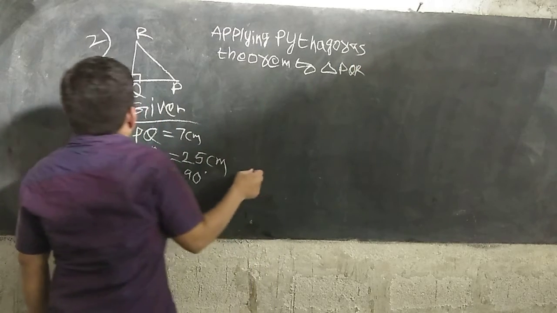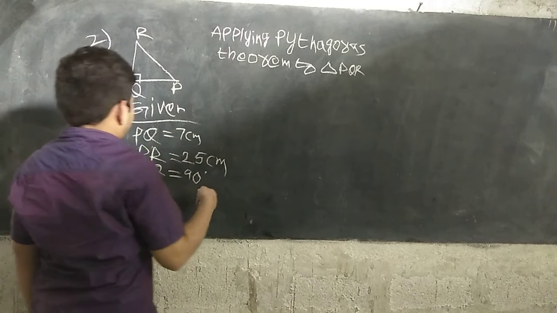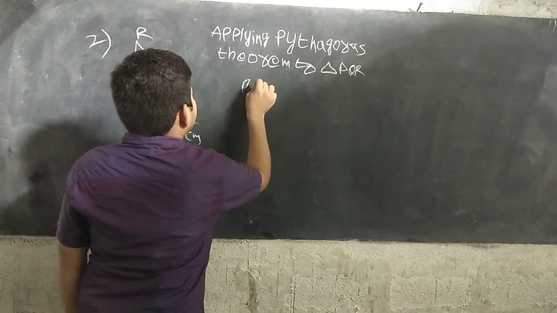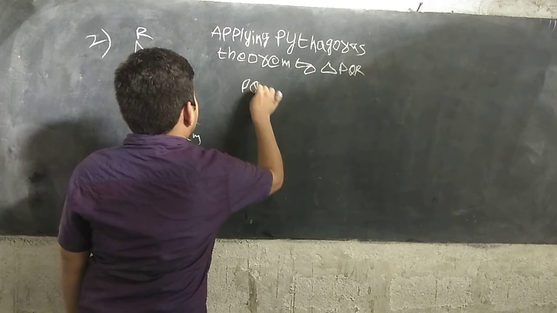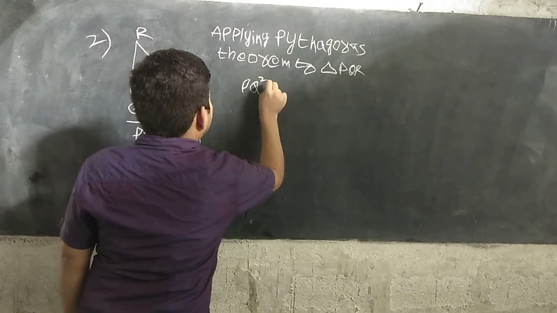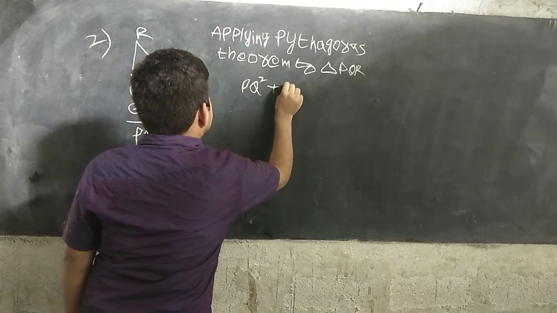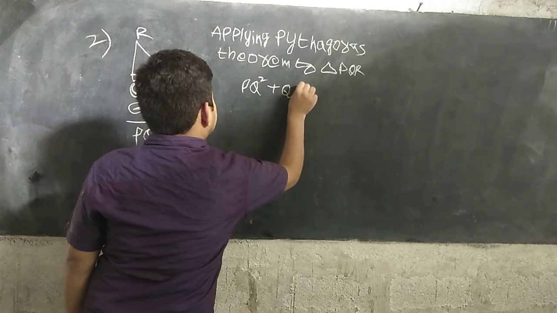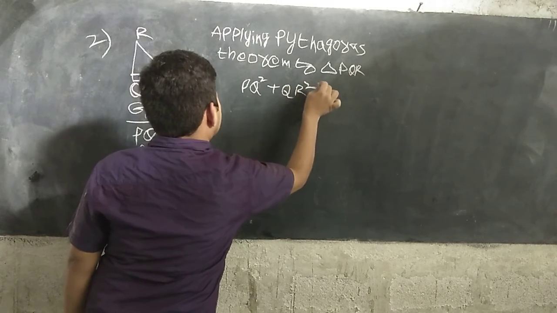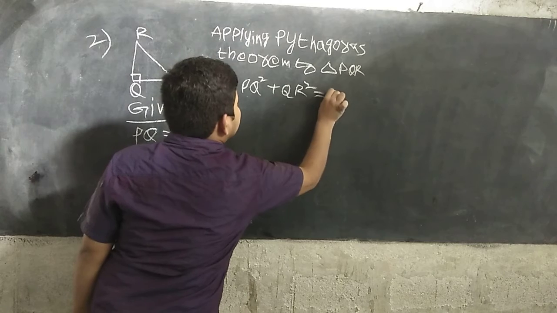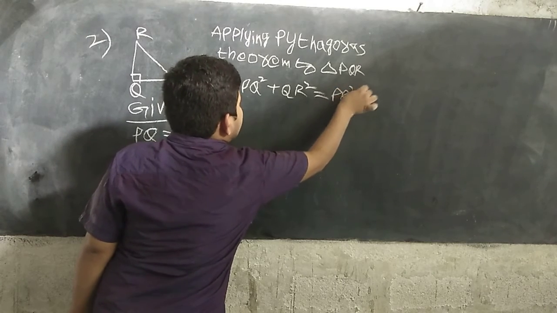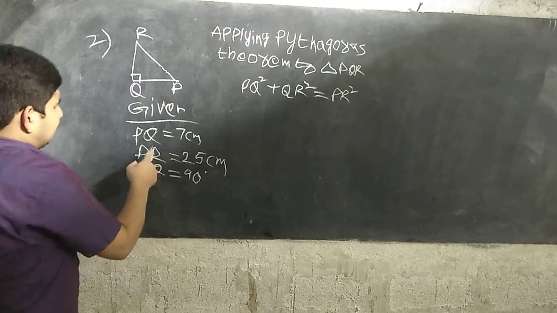So that is nothing but PQ square plus QR square equal to PR square. Okay? Now, PQ already given.